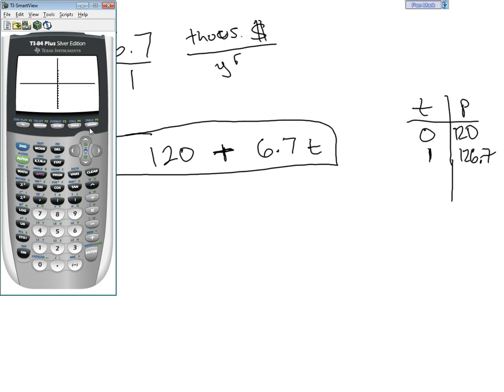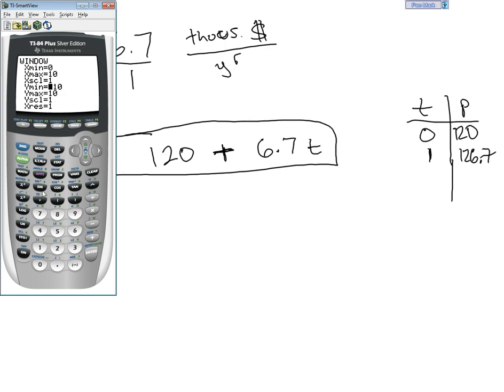And now we have to think about it, well, if we just hit graph, we're not going to see much. So let's think about practical domain and practical range. So our x represents the years. We probably aren't going to go before 2009, and maybe, well, how far out do we think this should go? Maybe 10 years, so 2019, maybe 7 years? I don't know exactly. That's kind of up to us to decide.